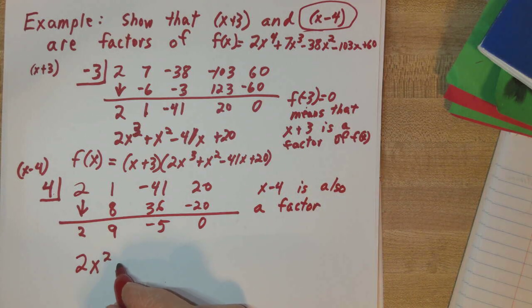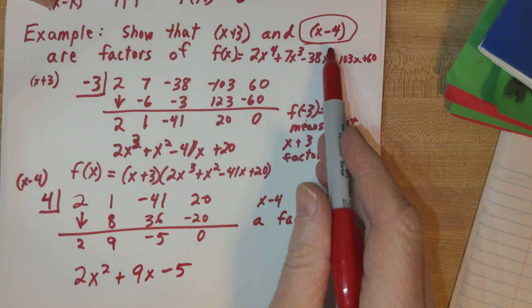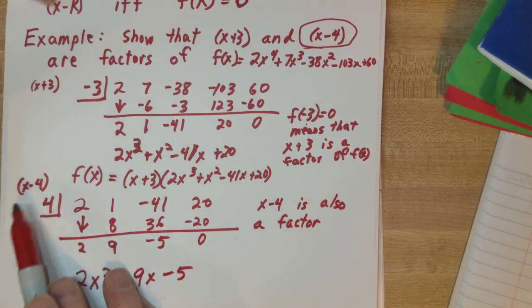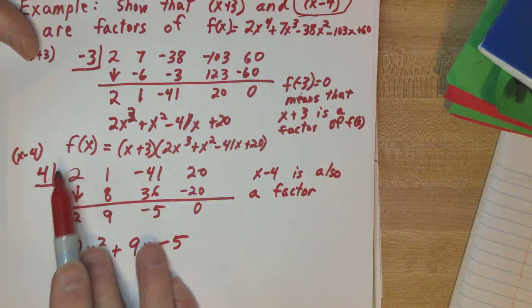Now, 2x squared plus 9x minus 5 is what we've got when we divided by x plus 3, and then divided what was left by x minus 4.